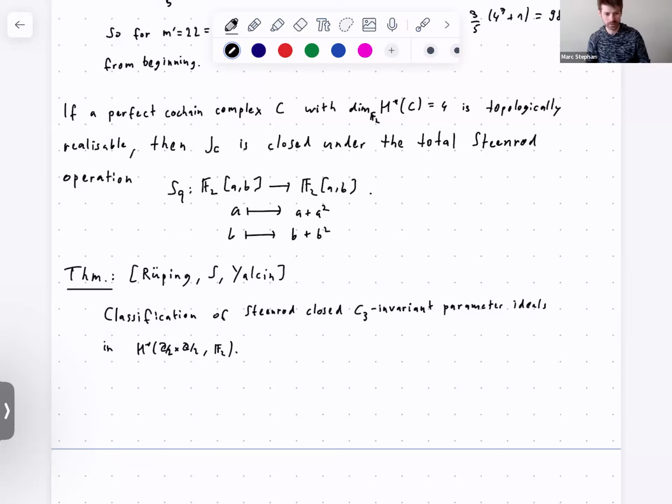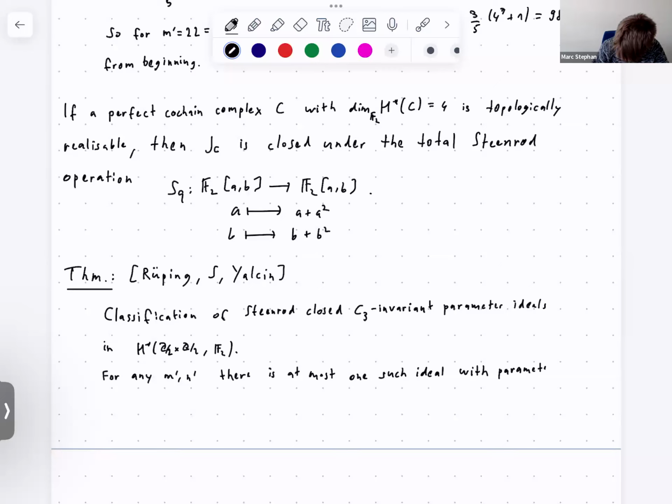And what comes out of the classification, which I found surprising, is that if we fix any degrees for the parameters, there is at most one such ideal with parameters of these degrees.